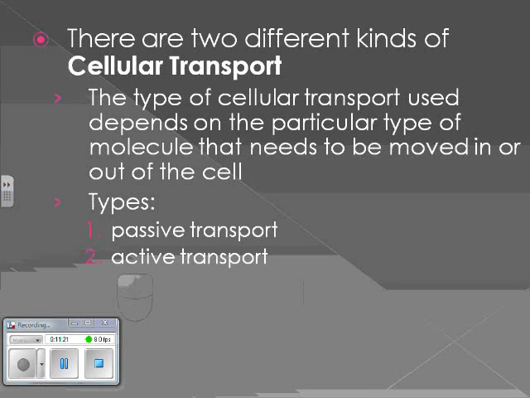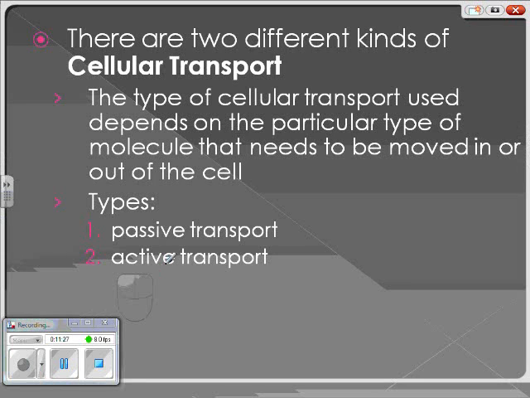So we have two different types of cellular transport. We've got passive transport and we've got active transport. The word passive, a passive person, kind of implies calm, laid back, chill, relax. All right? I like to think of passive as being go with the flow.